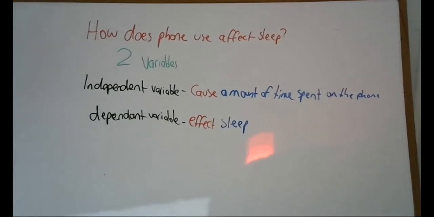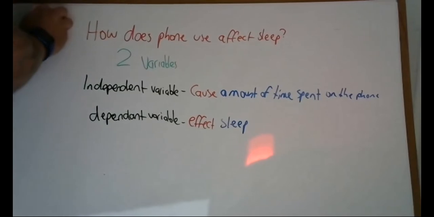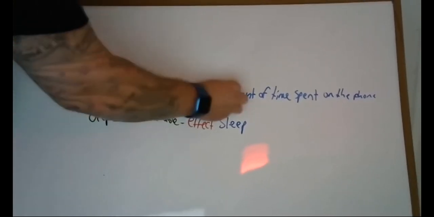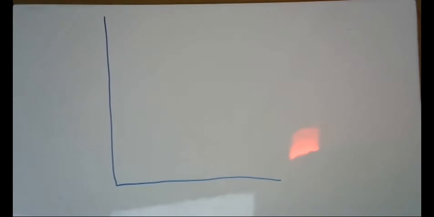So let's put this into a bar graph, and I'll show you why you wouldn't use a bar graph. So when we're building a graph of any kind, we have two axes, and this is going to highlight my lack of drawings. Which variable goes where?